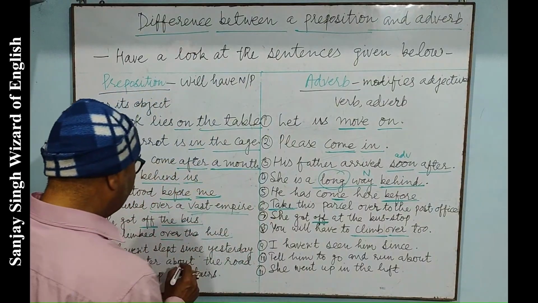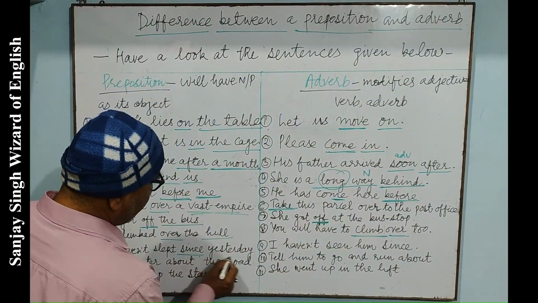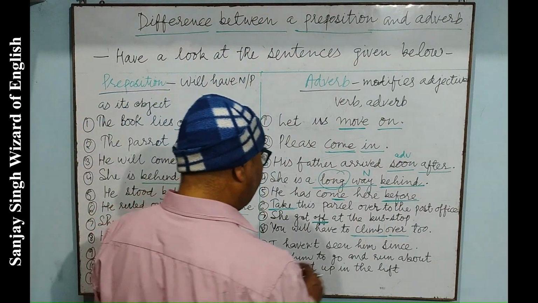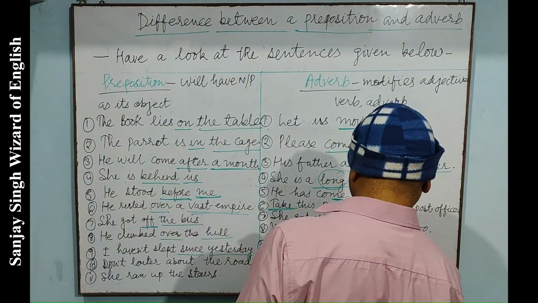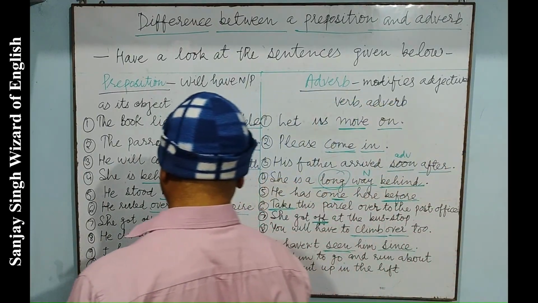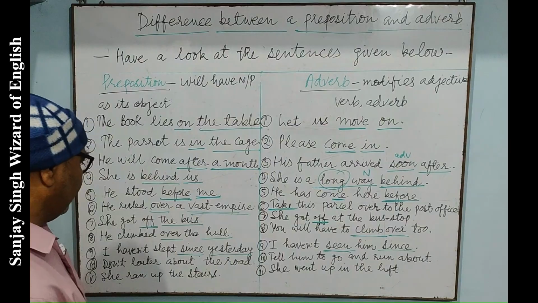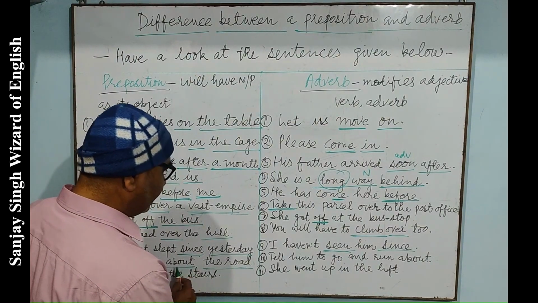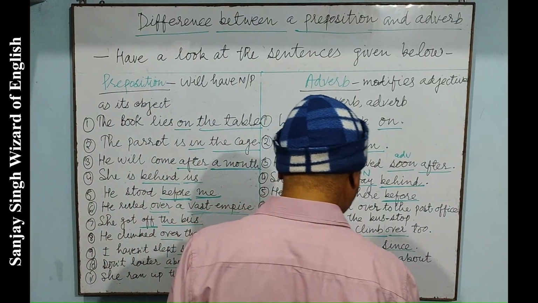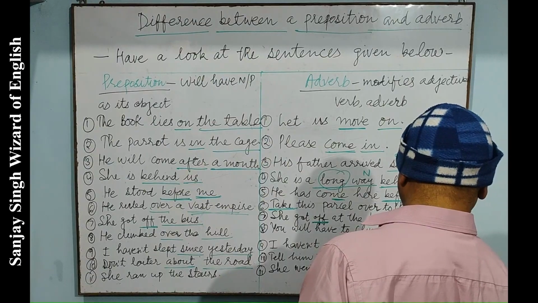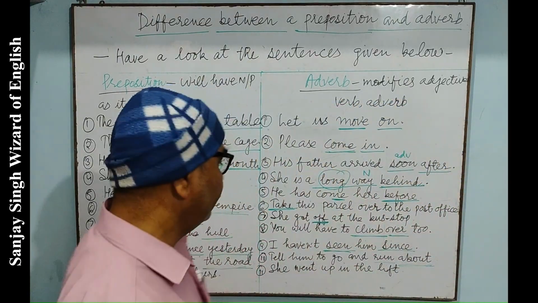Same way, in the next example, this is the object. Yesterday is the object of this preposition. And in the next example, this since is qualifying the verb. Now in the next example, this is the object of this preposition about. Here this is qualifying the verb run.